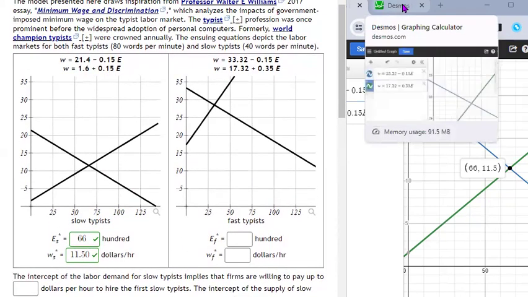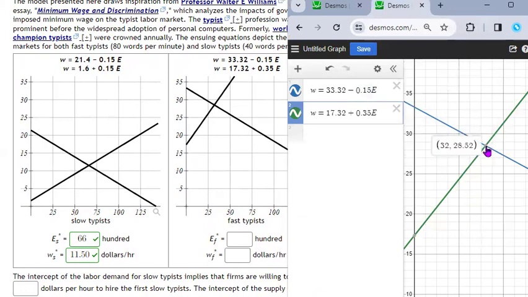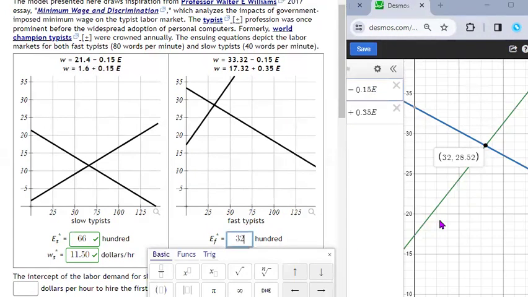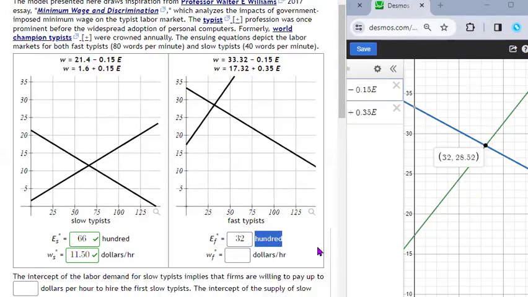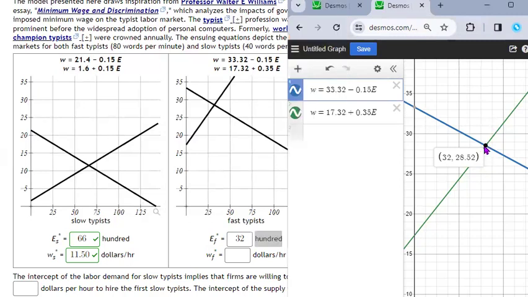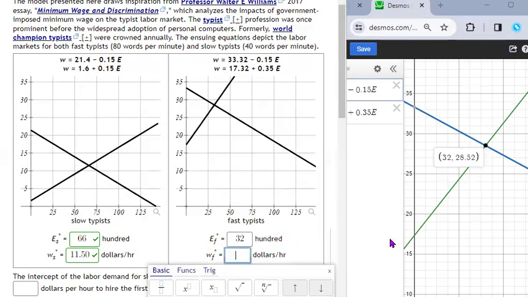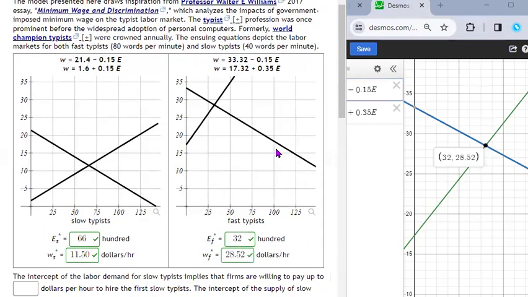And then we'll do the same for the fast typist. 32 is the equilibrium, but again, these are in hundreds, so this is actually 3,200 fast typist. And their market wage is $28.52 per hour.